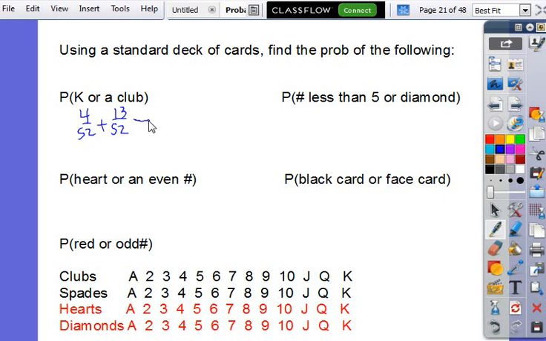Only one. This is what I'm talking about with simplifying: if you start simplifying early, you wind up with different denominators, so it's easier to do it this way. 16 over 52, which is 4 over 13.